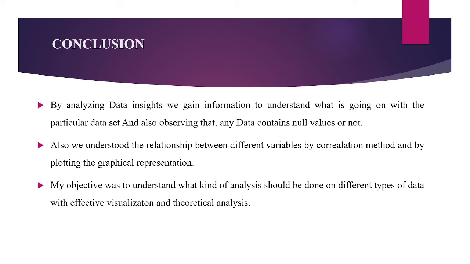By analyzing data insights, we gain information to understand what is going on with the particular data set, and also observe whether any data contains null values or not. Also, we understand the relationship between different variables by correlation method and by plotting the graphical representation.